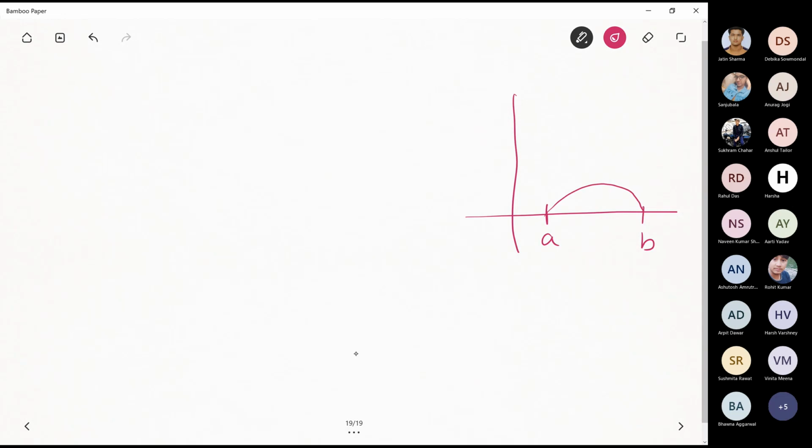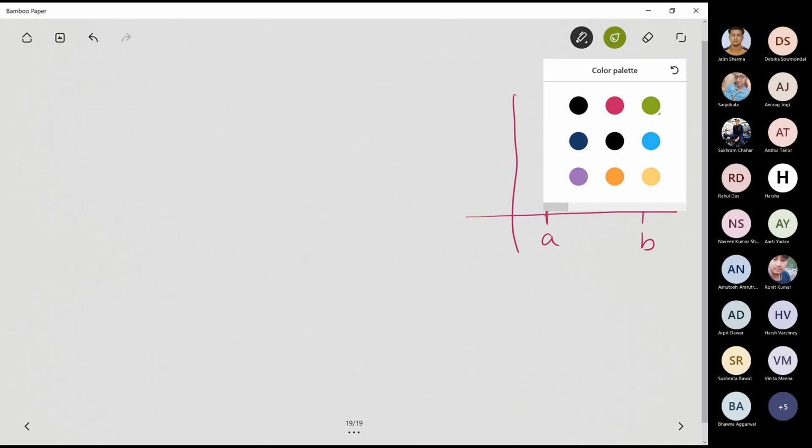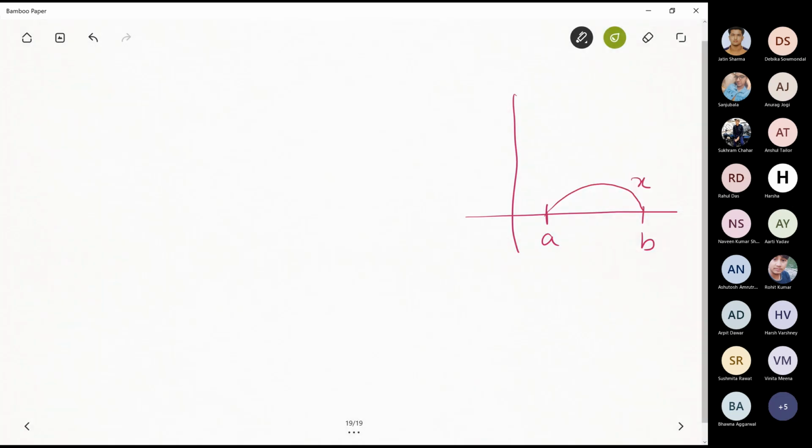So this is my x, and y also has A. At A it is 0, and something like this.